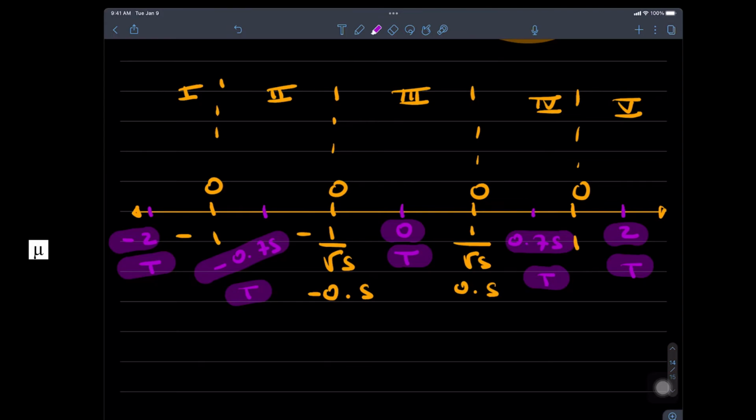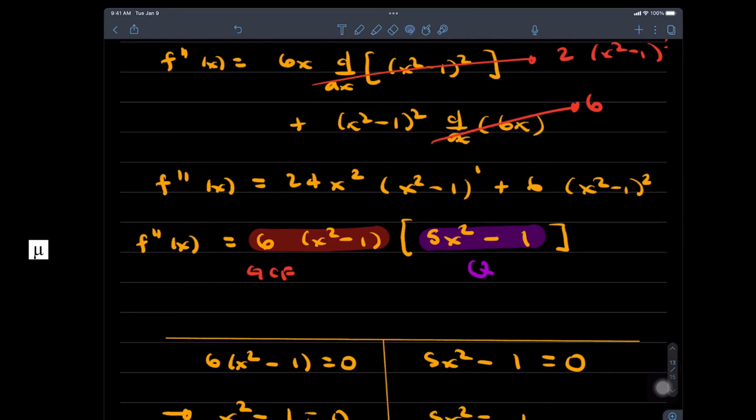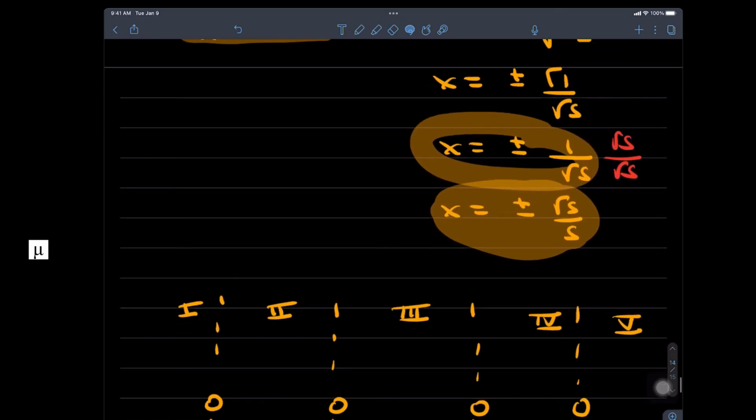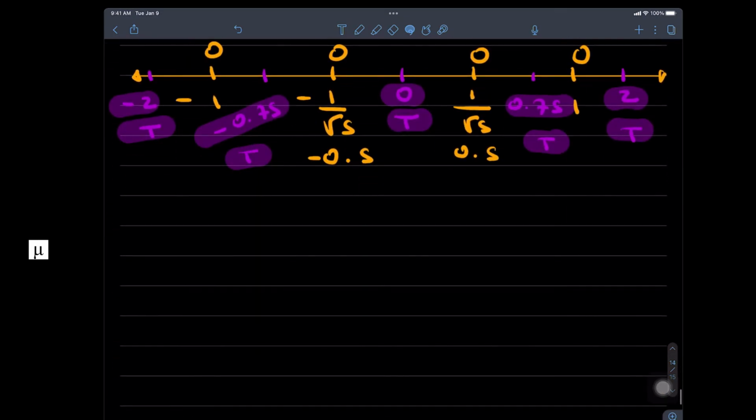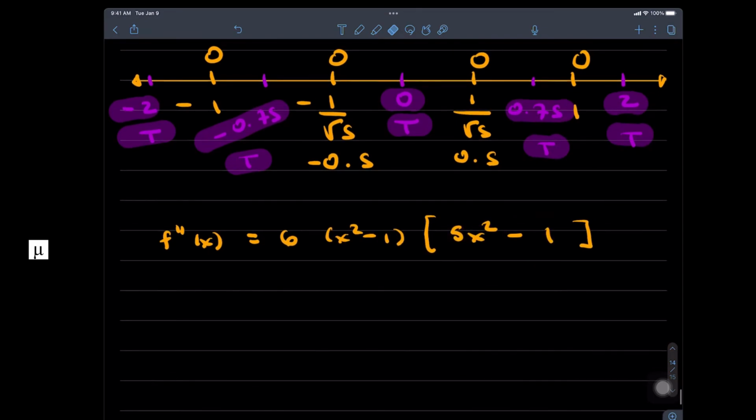Okay, so this is all in the second derivative. So let's go back to that second derivative here. Okay, so what do you guys want to test? You want to plug in what? -2.